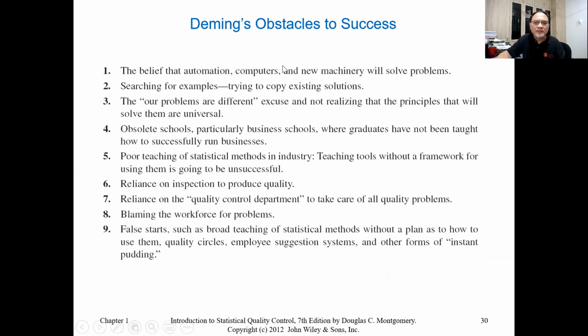And these are obstacles for success. The belief that automation, computers will solve problems. I don't think so. Automating an inefficient manual process doesn't improve the process. For example, we have a system in which we fill up these forms, and these forms have this information, and you automate those forms into the database system.